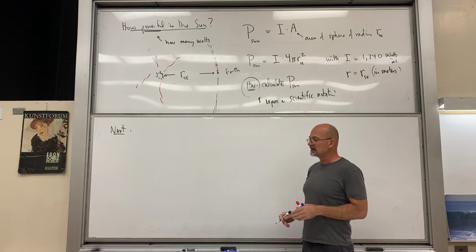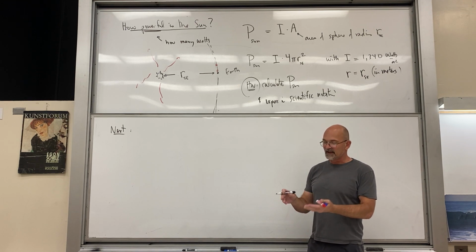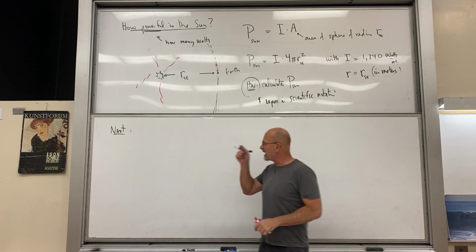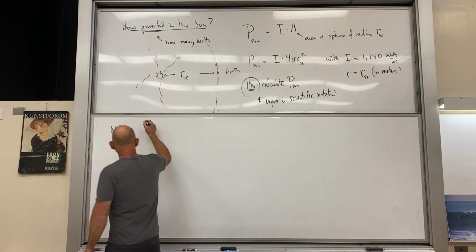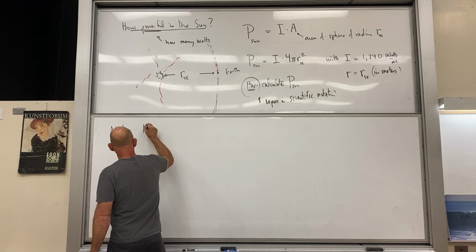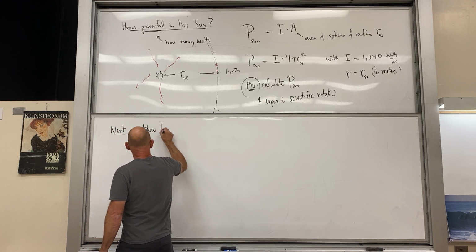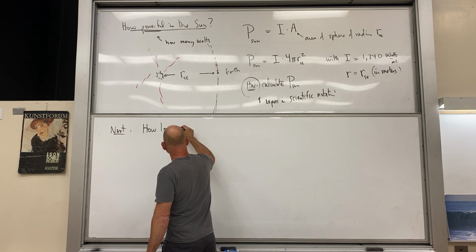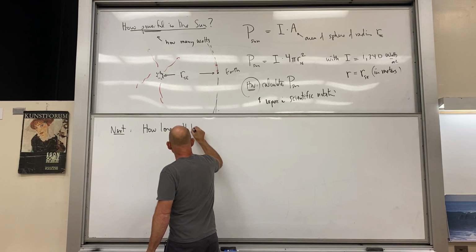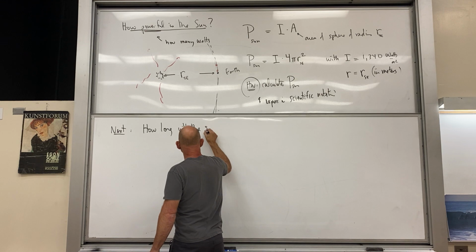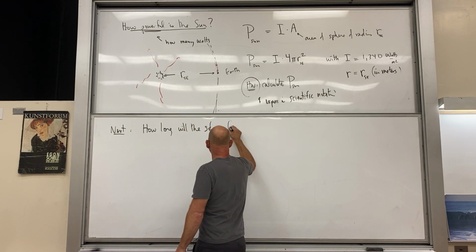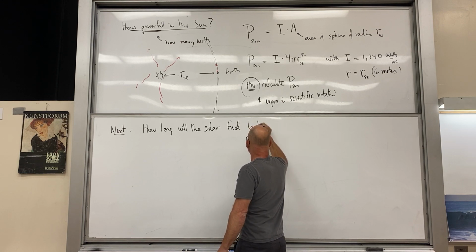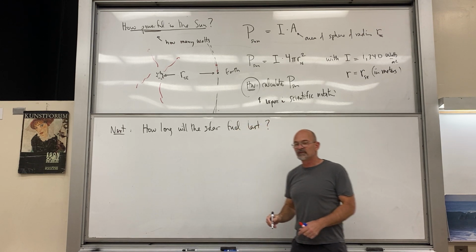If it's a candle, it gives off so many watts, and then it burns out and it's over with. So the question is, how long would the sun continue to shine or burn? Let's say it burns. How long will the solar fuel last? How long will the sun burn?